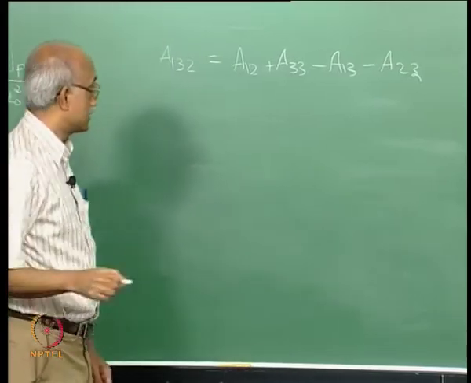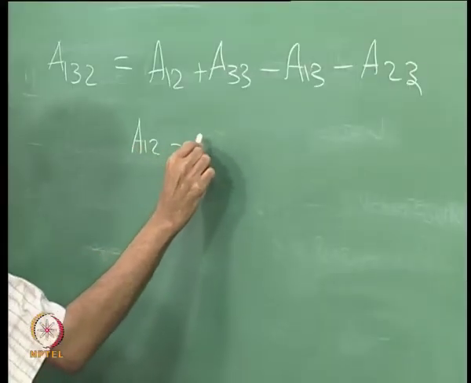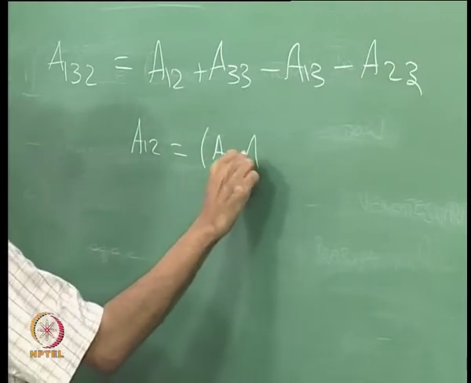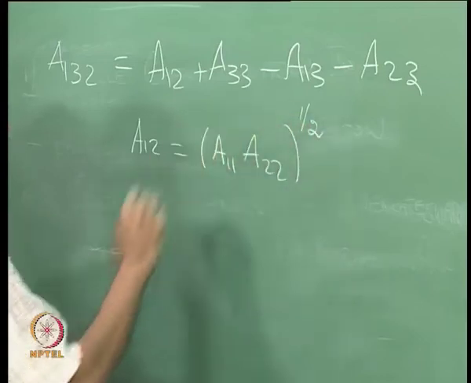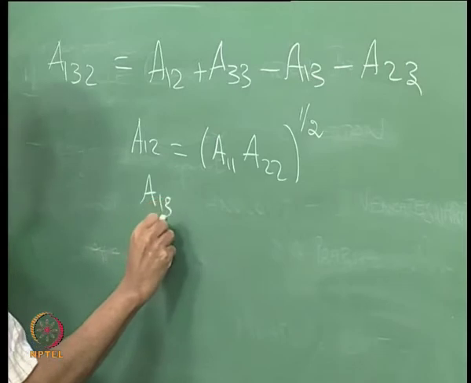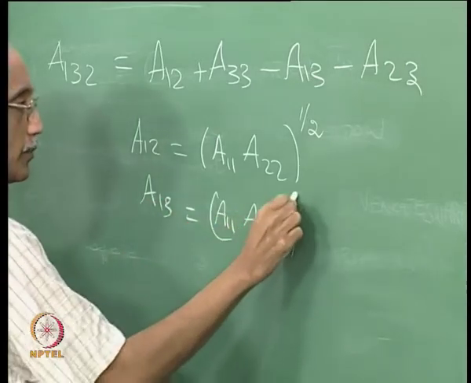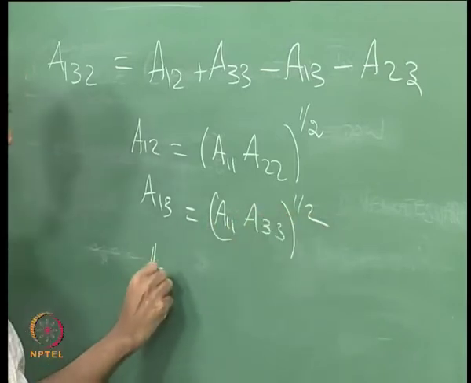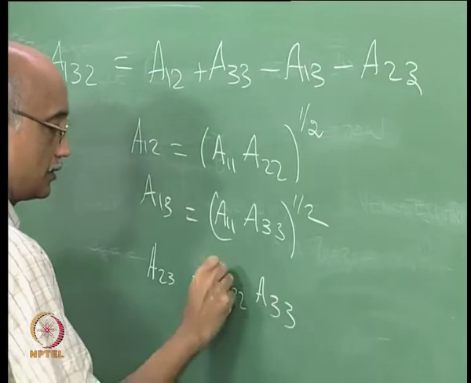Now, what do we mean by that? A12 equals (A11 times A22) to the power half, and similarly A13 equals (A11 times A33) to the power half, and A23 equals (A22 times A33) to the power half.